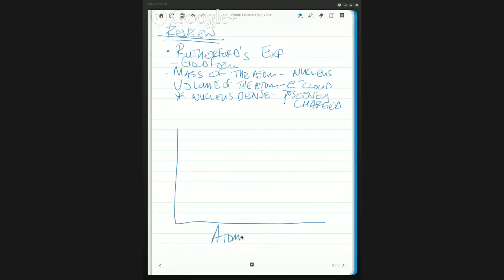So, atomic number increases moving this way on the graph. Ionization energy is going up here, okay? And on your graph, there is going to be this right here.